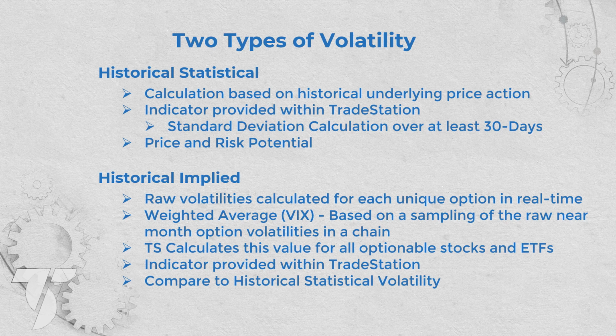So that can be very valuable. And so one of the workspaces that I'm providing in that zip file is a workspace that does just that. It has an indicator that shows you the comparison between historical statistical volatility and historical implied volatility.